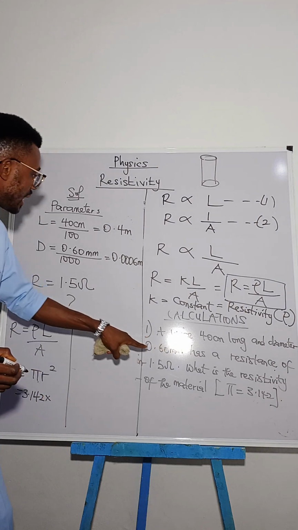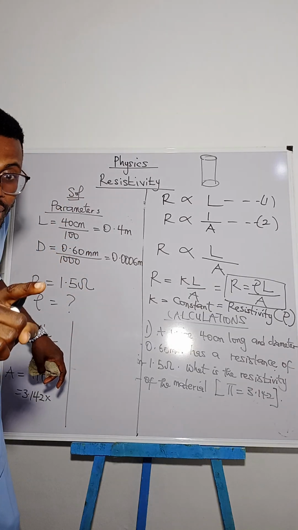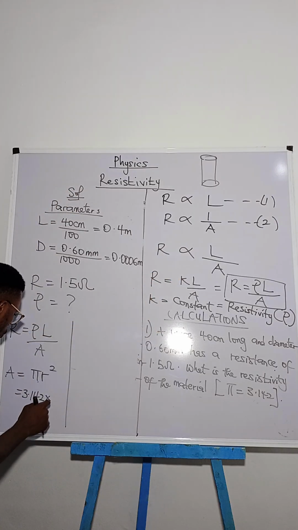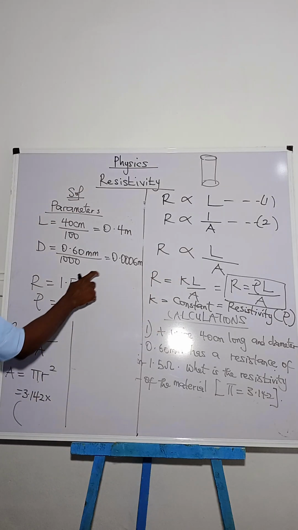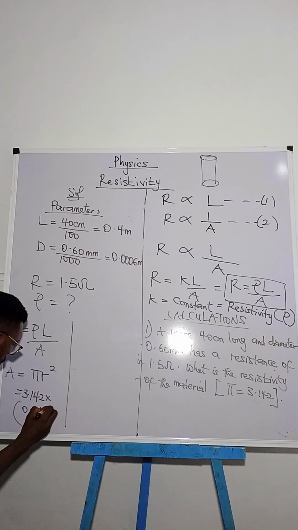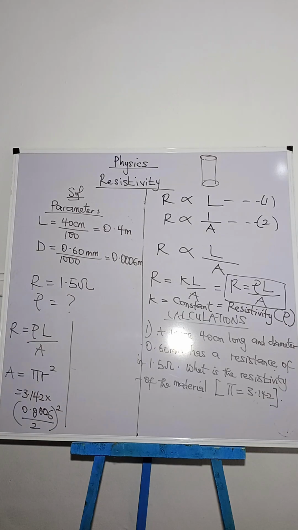Now, radius r squared. We're not given radius, but we're given diameter. And we know that radius equals diameter over 2. So A equals 3.142 times diameter, which is 0.0006 over 2, all squared. That's my area.